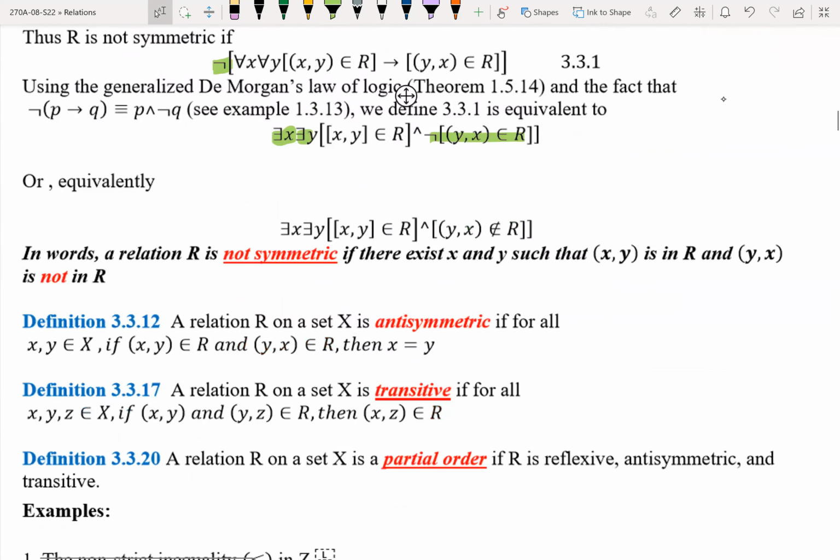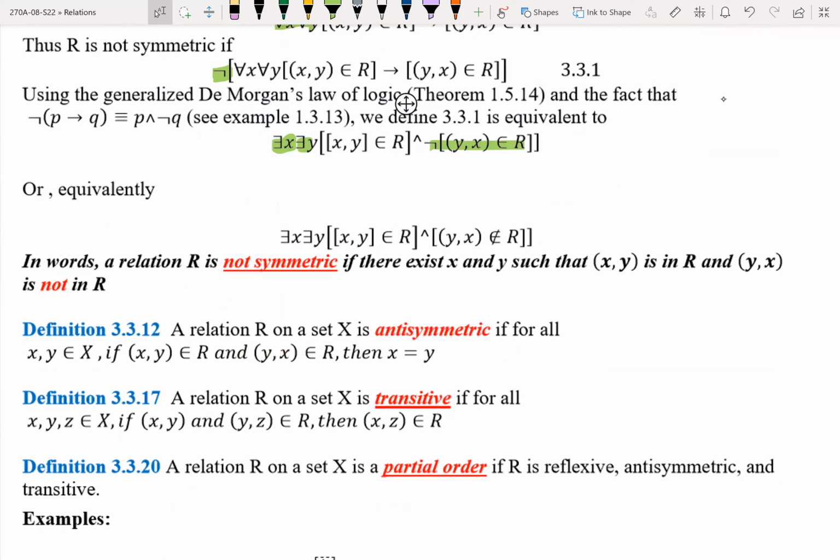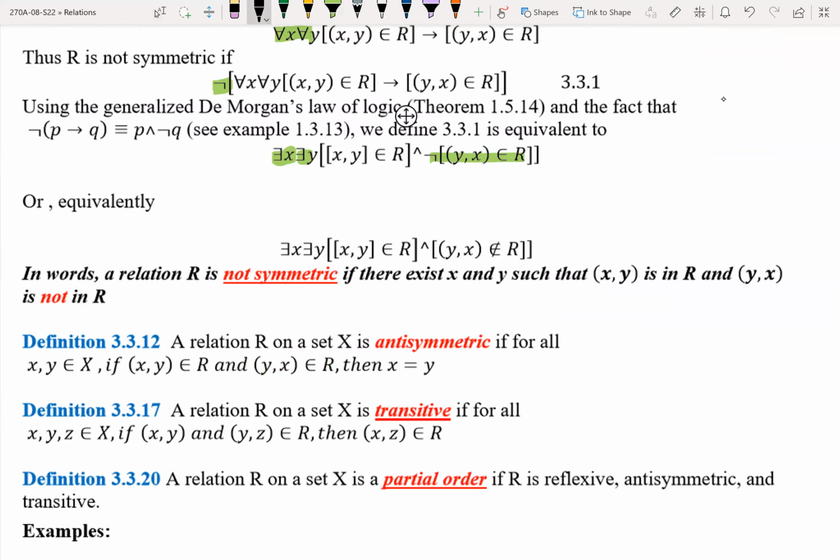Question here for being symmetric. You can add one of the other examples over here: the relation where X is related to Y if and only if X is less than or equal to Y is not symmetric, right?